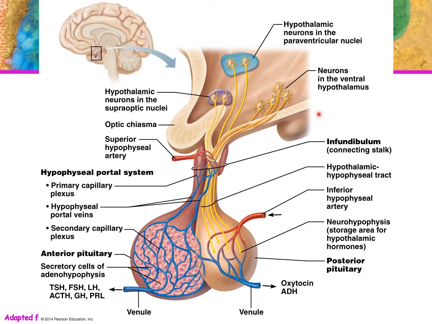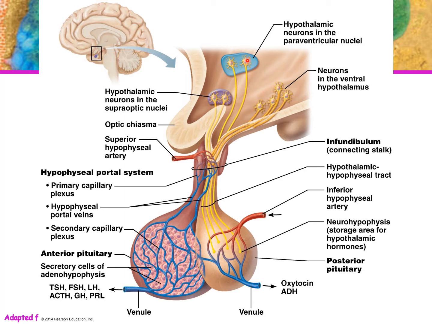This diagram shows us the different divisions of the pituitary gland very clearly. Superiorly, we have the hypothalamus, and from the hypothalamus, we can see neurons running down into the posterior pituitary. As we said before, the posterior pituitary is also known as the neurohypophysis, and this means that it is derived from nervous tissue.